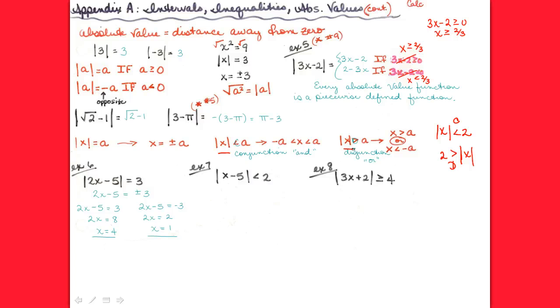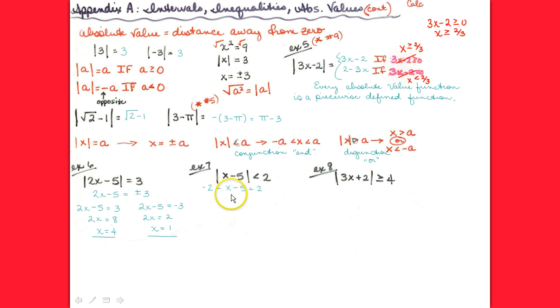Okay, so this first guy right here, Example 7, does that look like a conjunction or a disjunction? Conjunction, yeah, it looks like one of those C's. So if that's a conjunction, here was the shortcut that we used last year. We said copy exactly what you had before, without the absolute value. So we would copy x minus 5 is less than 2 without the absolute value.